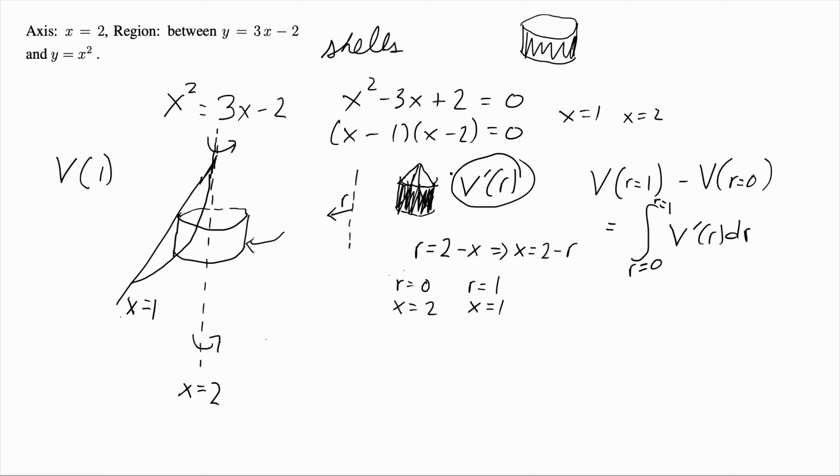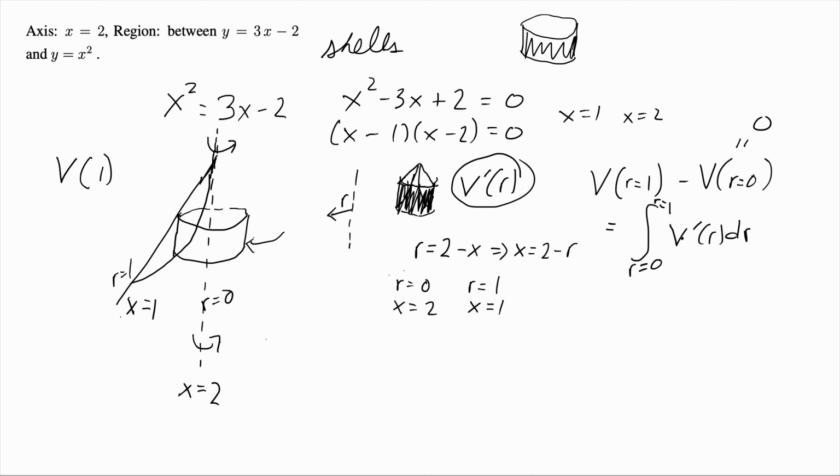But noticing that V of 0, at a radius of 0, is equal to 0, then we can express the total volume as V of 1 minus V of 0, or as an integral. As the radius goes from 0 to 1, a radius of 0 here, outwardly to a radius of 1, this integral of V prime would be equal to it.